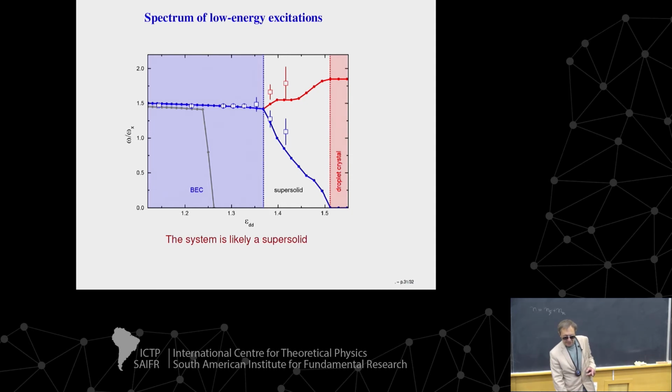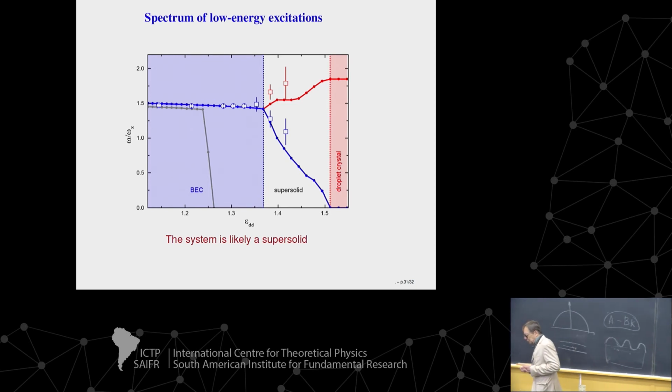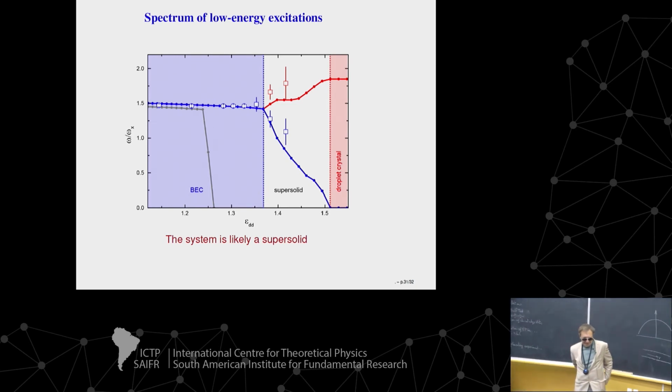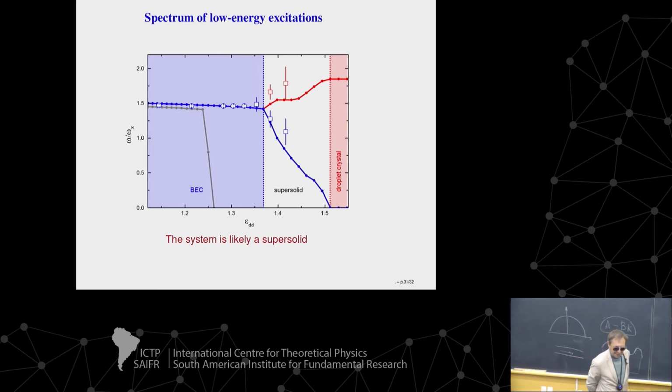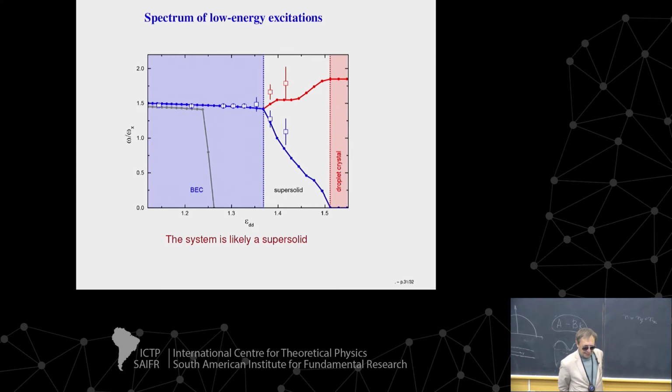For example, the coordinate dependence of the superfluid density and of the normal density can be a little bit different from each other. So one has to work in this direction. This is my answer to your question, and the work is now in progress. People are trying to do this.